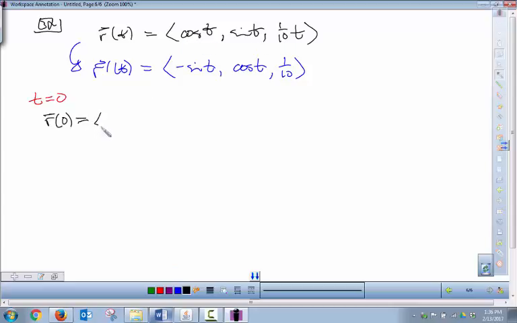So what's the cosine of 0? Sine of 0, and then 0. This is the original function, r of t, with 0 put in there, and this has a special meaning. This is a vector, and it has a special meaning for us for this graph. Anybody know what the special meaning is?